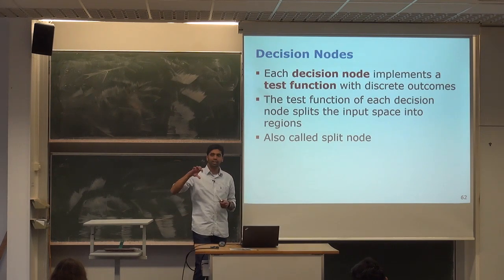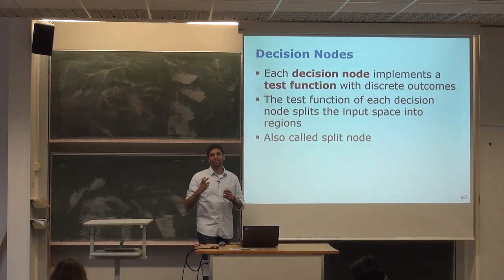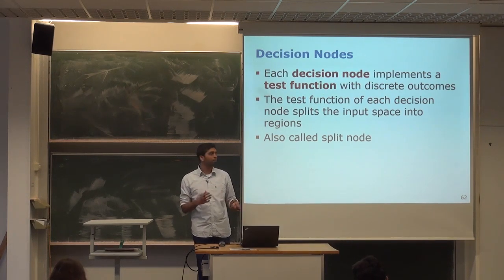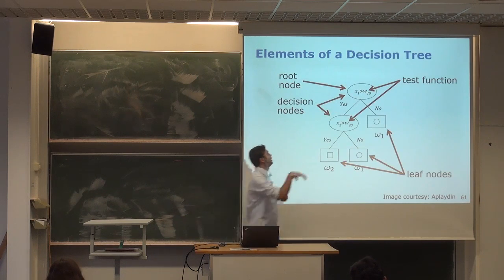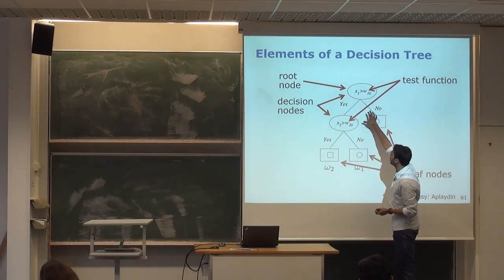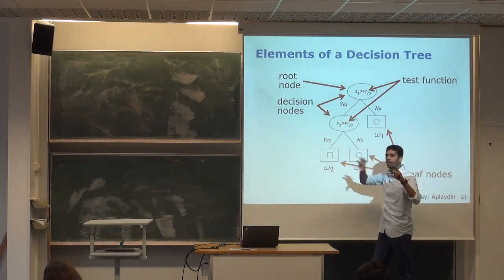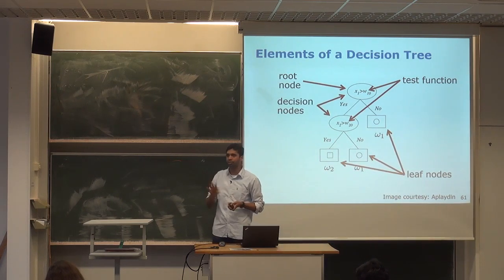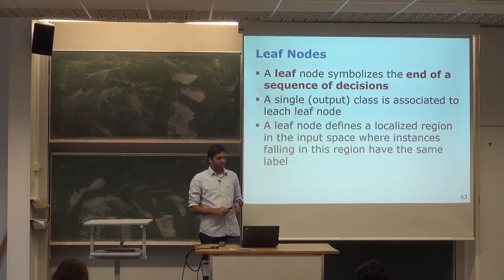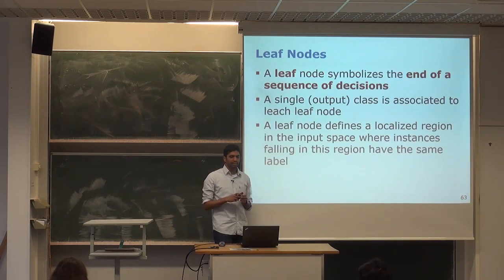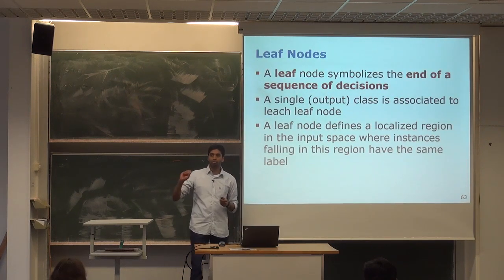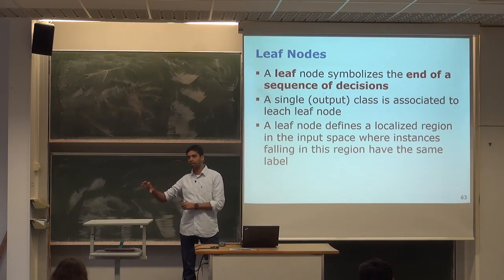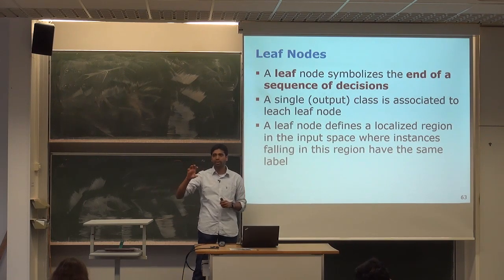The function inside is called the test function, and sometimes it's also called a split node, because whenever there is a test or a decision node, you have a split. So you split it into either new decision nodes or leaves. If you reach the leaves, you're done. Then come the leaf nodes. Basically, this symbolizes the end of the decision that you have to make. If you reach through this tree to the leaf node, then you don't need to ask any more questions.